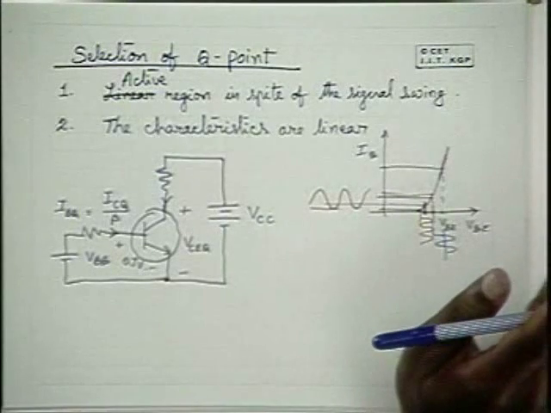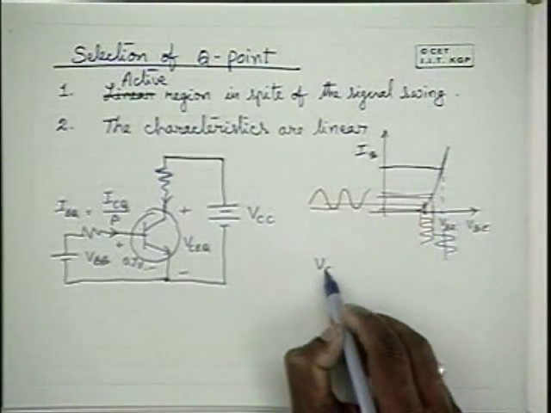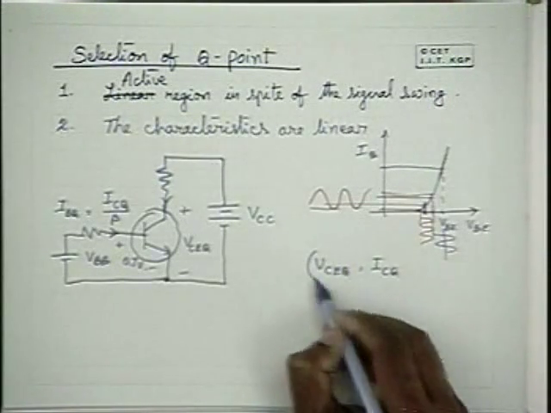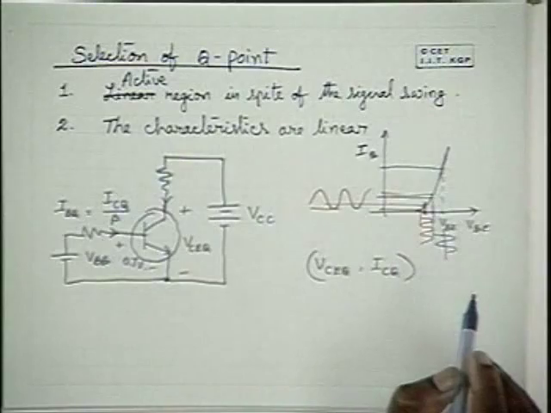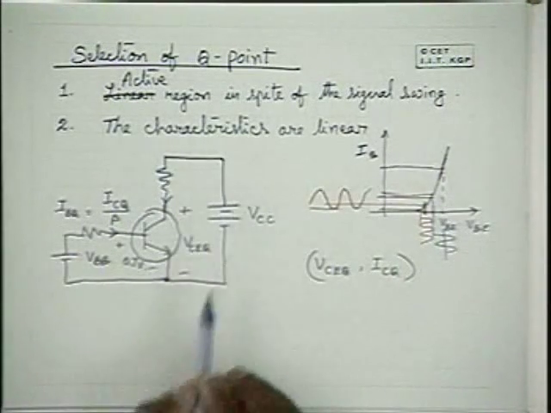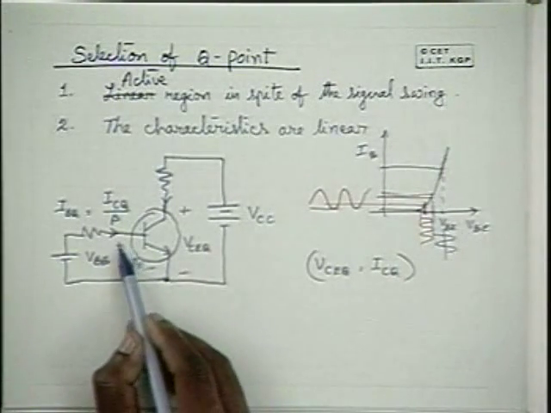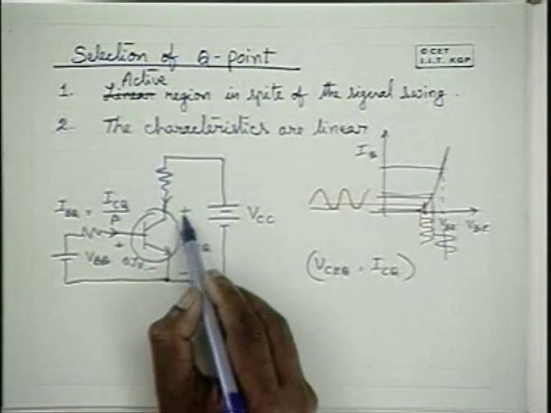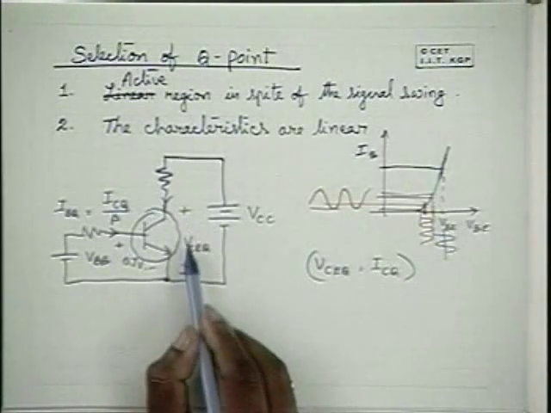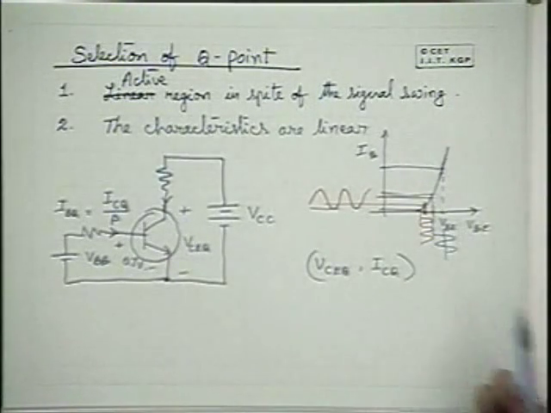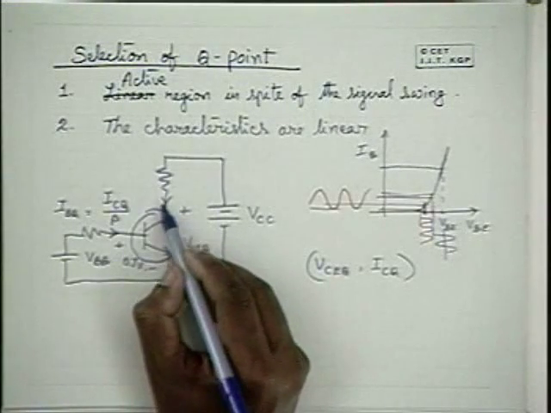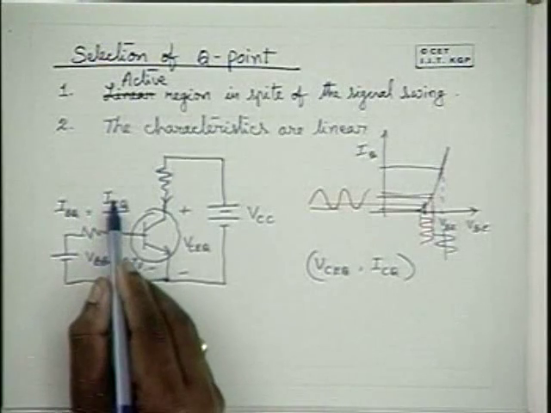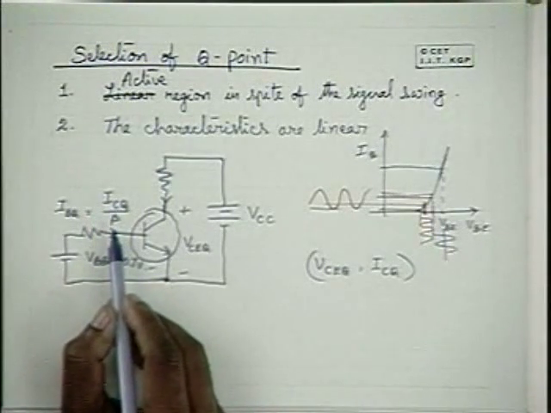I repeat, given VCQ and ICQ as the quiescent requirement, through a circuit arrangement you get the corresponding VBE of 0.7 volts, VCE equal to that particular VCEQ, maybe 6 volts, and the collector current equal to ICQ, and naturally the base current equal to ICQ by beta.